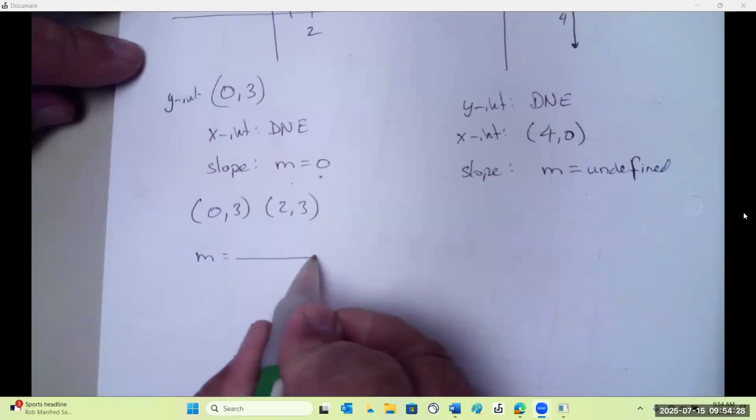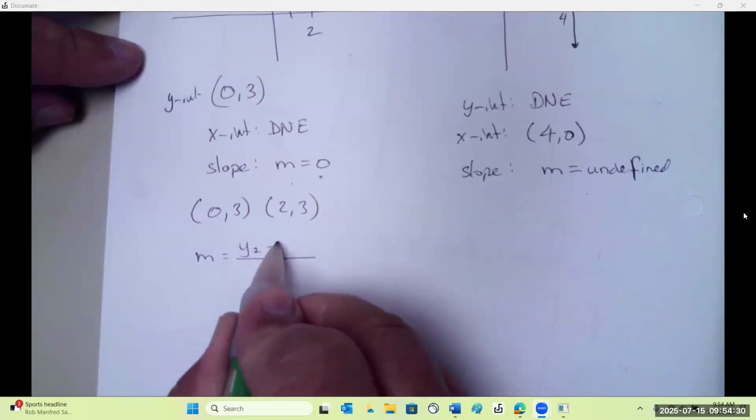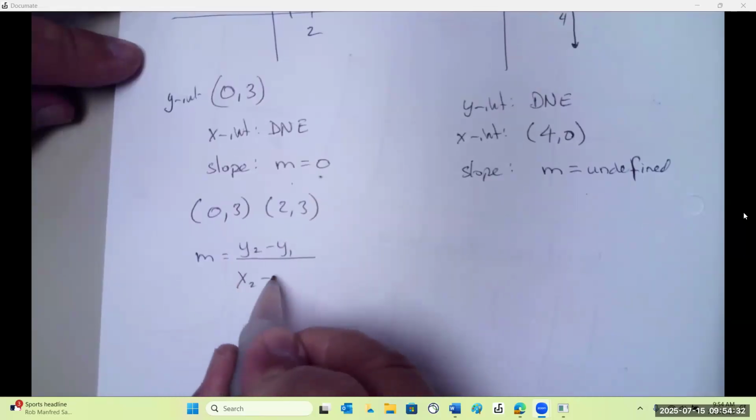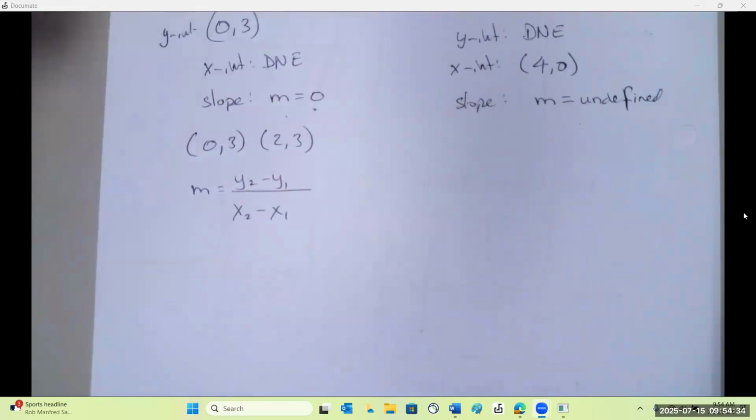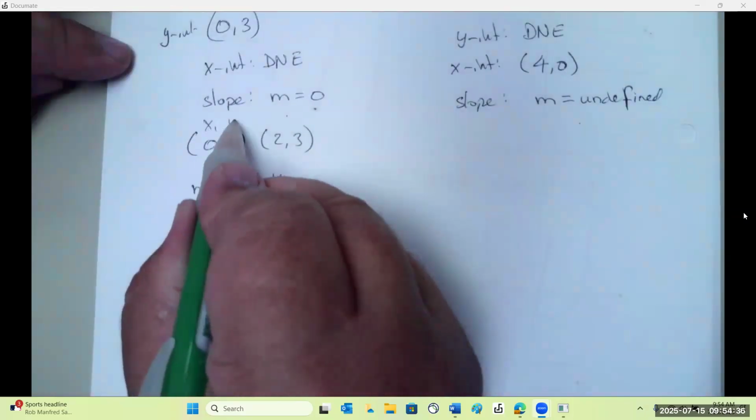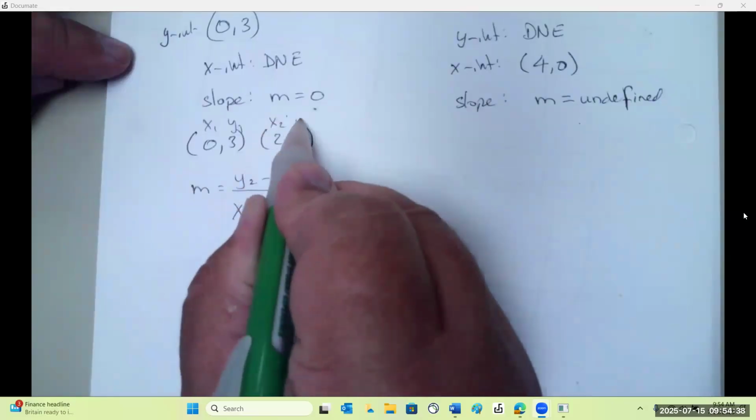So let's find the slope. It's y2 minus y1 over x2 minus x1. x1, y1, x2, y2.